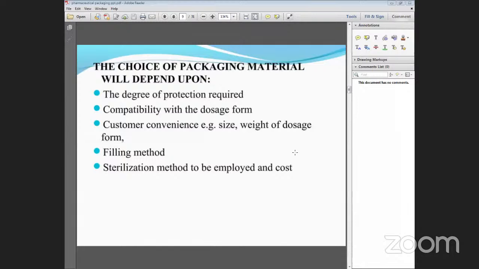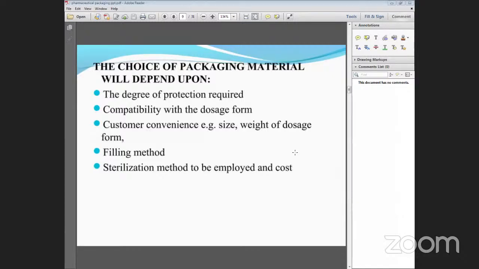So it is important to remember that while packaging medicines, we have to keep customer convenience in mind, meaning what will be easily acceptable to customers when they buy it from a medical shop.